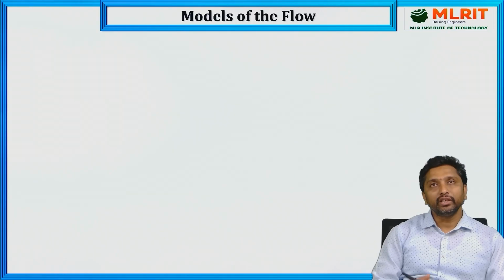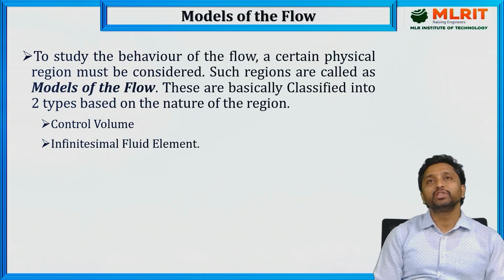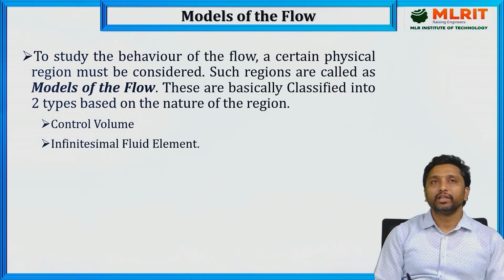Then there is a need to define the physics or the physical region where we are going to apply the laws of fluid flow, that is conservation of mass, conservation of momentum, and conservation of energy. These physical laws will be applied to a specific region. Those regions where we are applying these physical laws, we call them models of the flow.